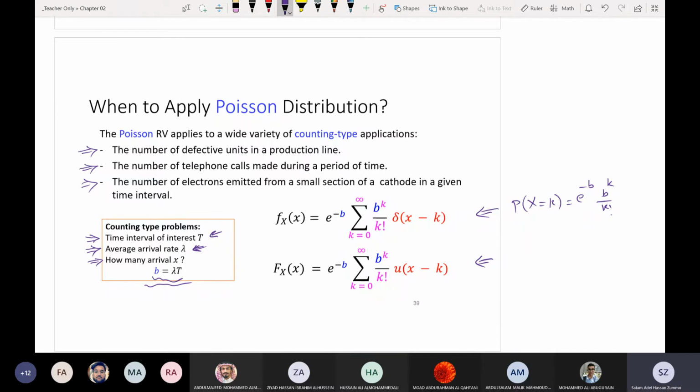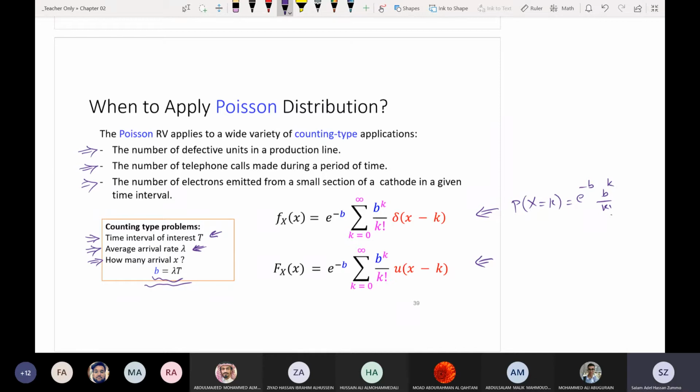For example, I tell you that telephone calls arrive at a rate of 10 calls per minute, and that switchboard can only accommodate 5 calls at a time. What is the probability that I have blocked calls? We will come to some examples.